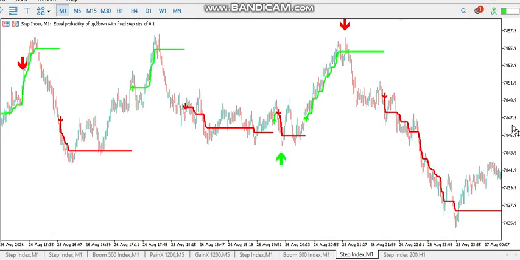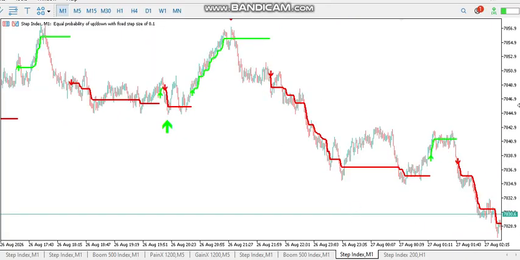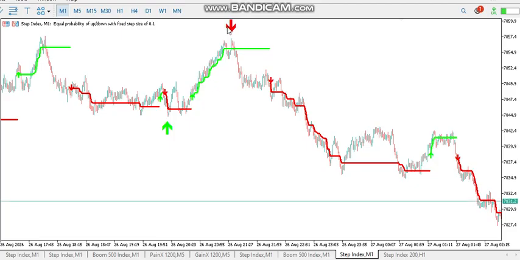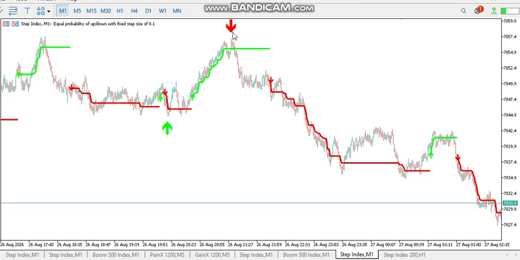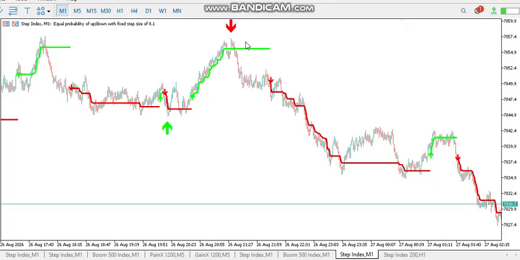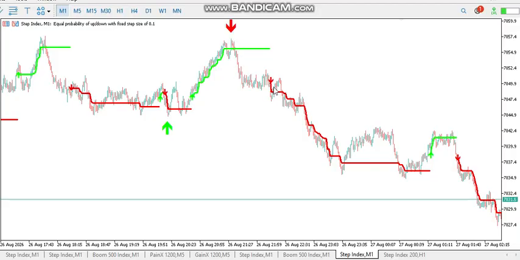So let me show you guys, and we can see that we have a signal at the upper side here, and once you take your trade from this particular area, you have a signal here that shows us that we have a down signal very soon. And we can see that this is our down signal, and we have another down signal here, and you can decide to enter your trade at this particular moment when this one appears on the chart, or you decide to wait for this particular level.